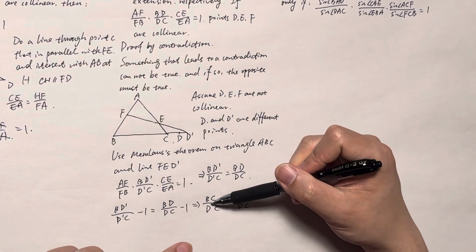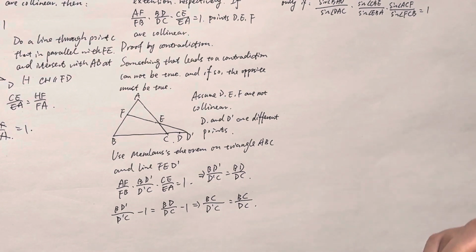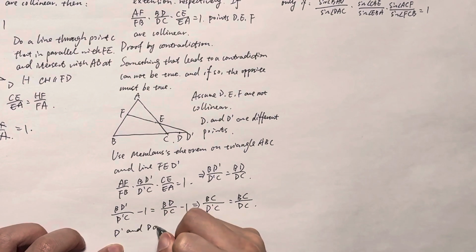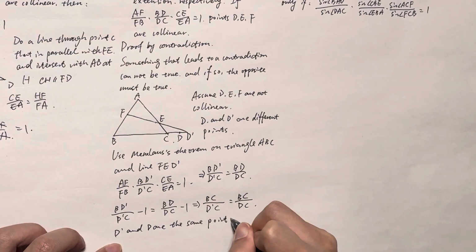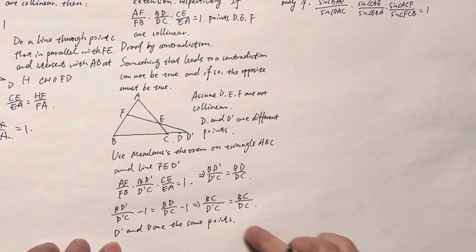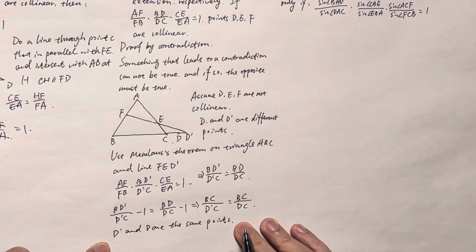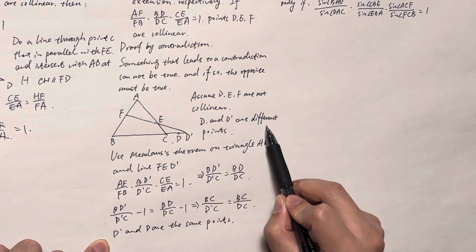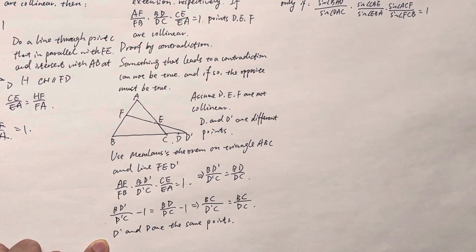That means D prime and D are the same point. This conclusion contradicts the conclusion that D and D prime are different points, which means our assumption is wrong, right?